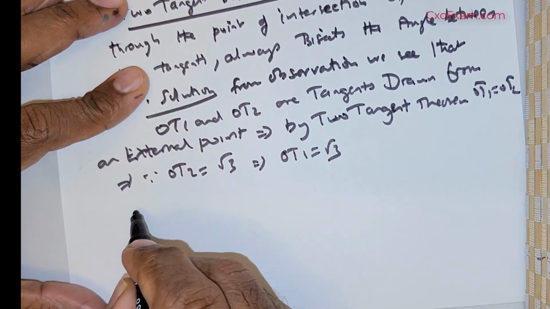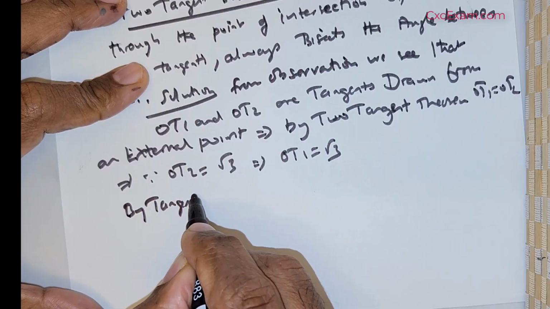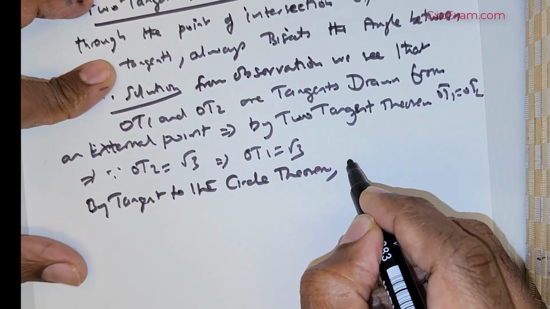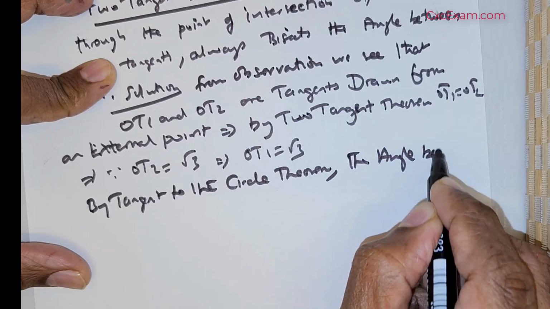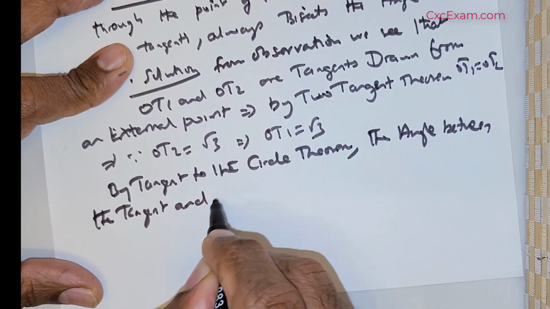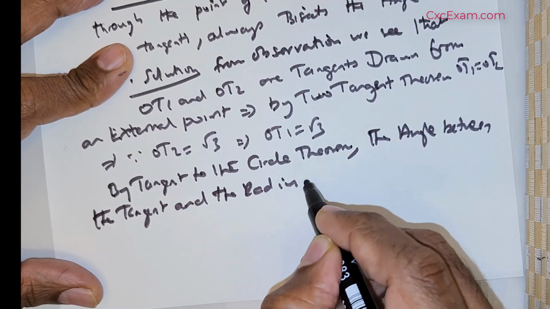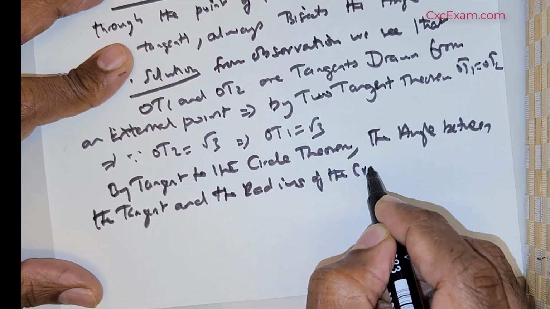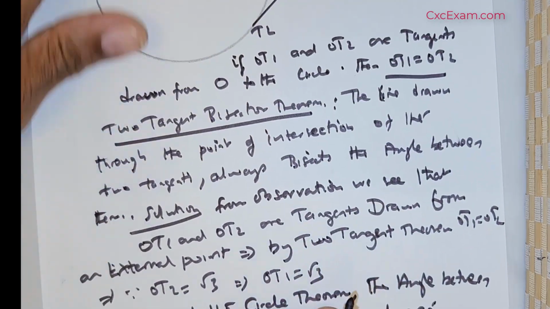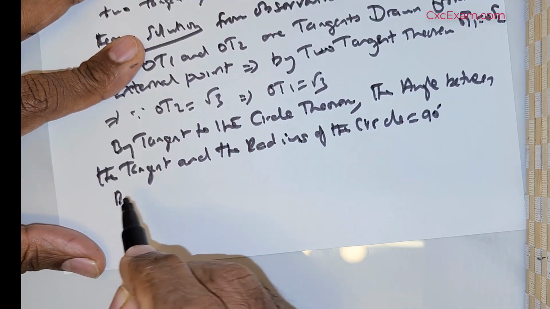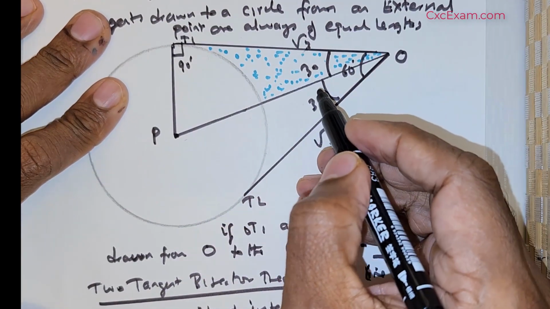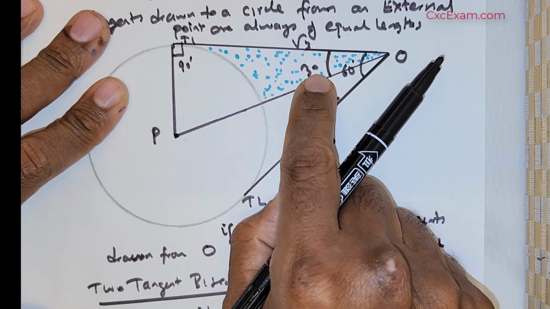So by the tangent to the circle theorem, the angle between the tangent and the radius of the circle is equal to 90 degrees, right? So that's a statement. Now probably what I can do is I can actually use this angle, right?